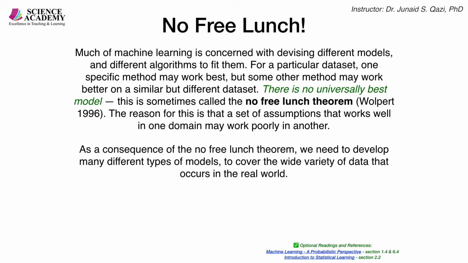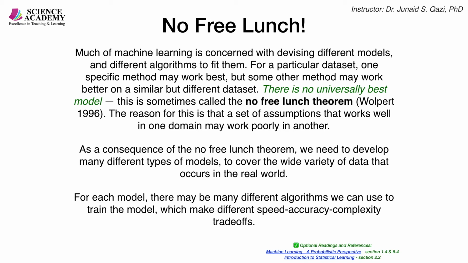As a consequence of the no free lunch theorem, we need to develop many different types of models to cover the wide variety of data that occurs in real life. For each model, there may be many different algorithms we can use to train the model, which make different speed, accuracy, and complexity trade-offs.